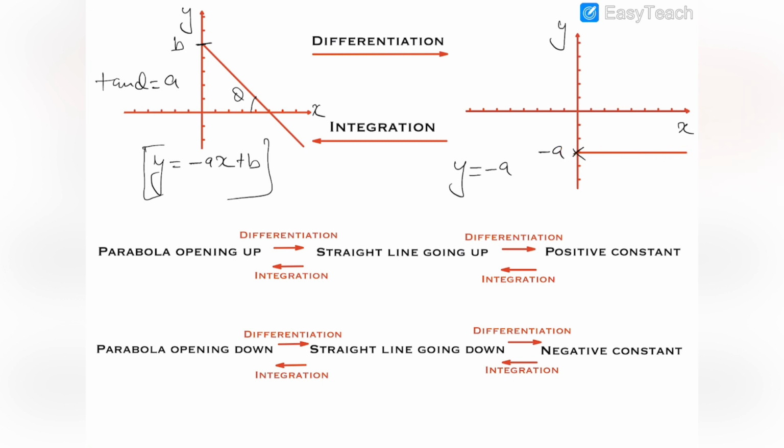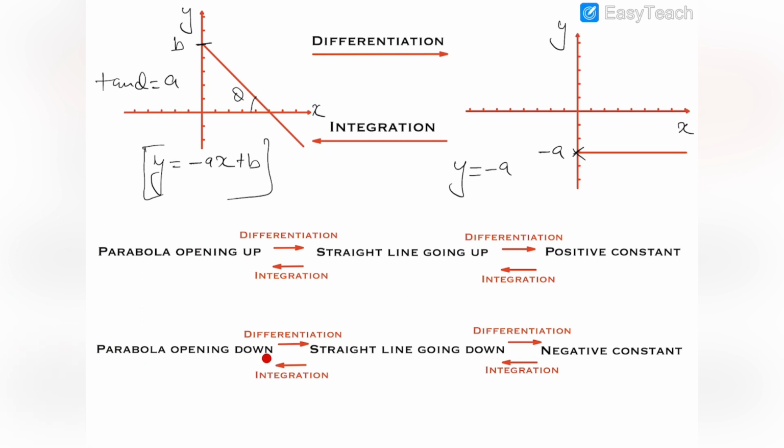Okay, so to summarize this logic, if we differentiate a parabola which is opening up, we get a straight line going up, and if we differentiate a straight line going up, we get a positive constant. Now if we integrate the positive constant, we get a straight line going up, and if we integrate a straight line going up, we get a parabola opening up.